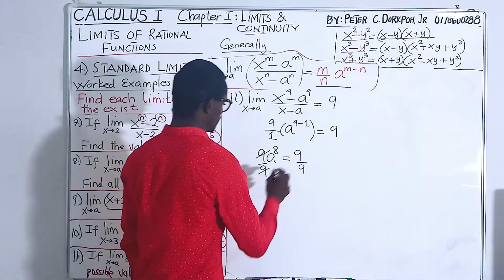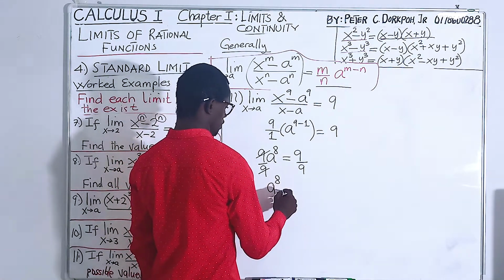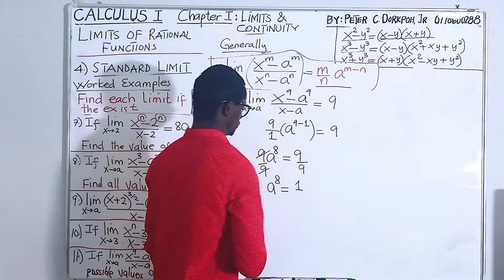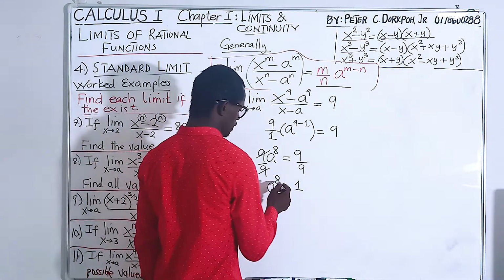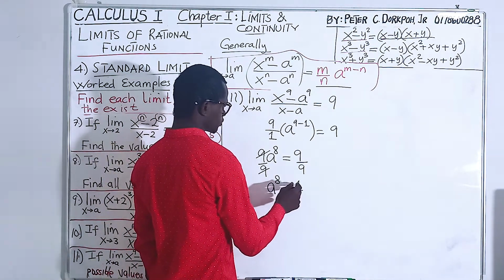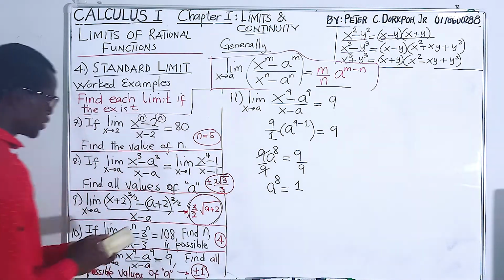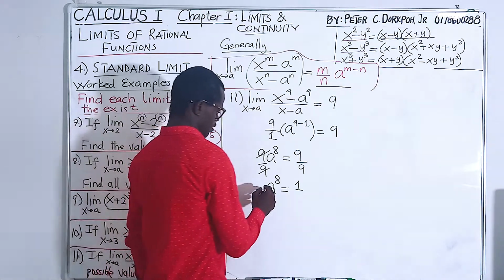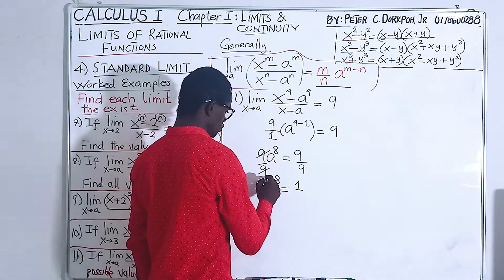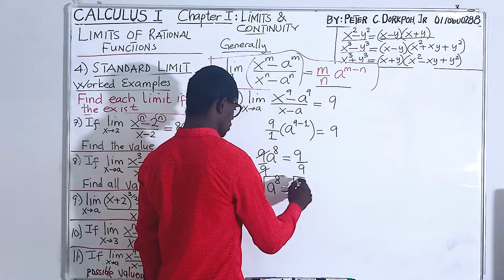So what will we have? We will have a raised to the 8th power equals 1. We need to get rid of the 8. So we can take the 8th root on both sides.